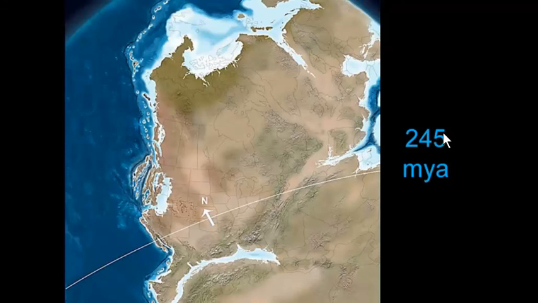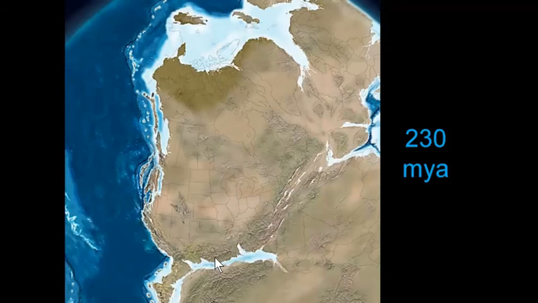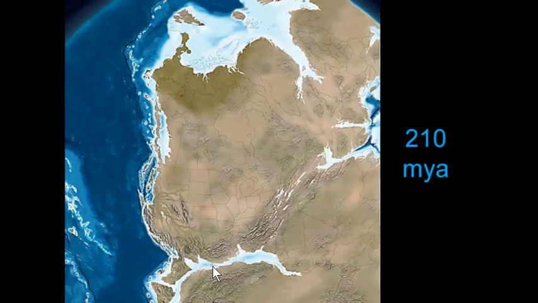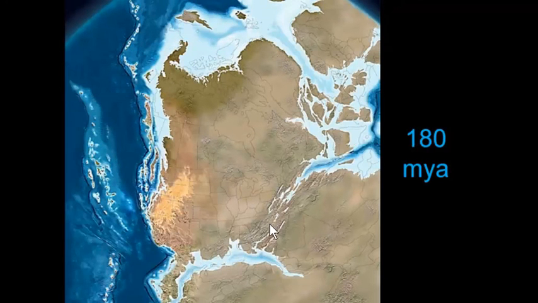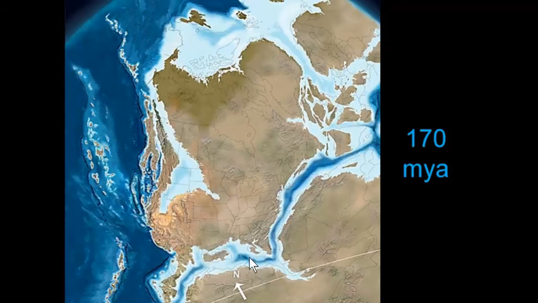Now, as we start to put this in motion, this is only 245 million years ago, I want you to start to look at the divergent plates, and essentially that North Atlantic Ocean, it separates. And as it separates, the United States, North America drifts off from Africa and drifts farther away from Europe as Canada and Greenland start to all separate from each other. 230 million years ago, 210, 195, 180, notice the divergence, separation, which we also call rifting.